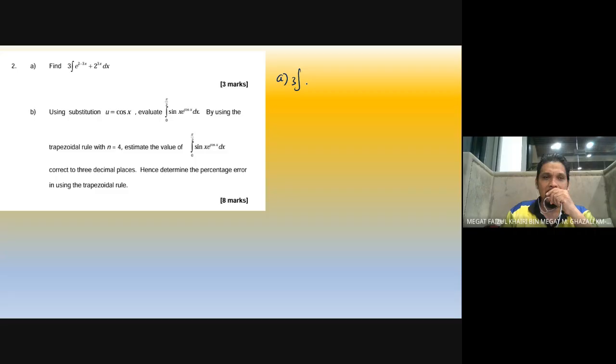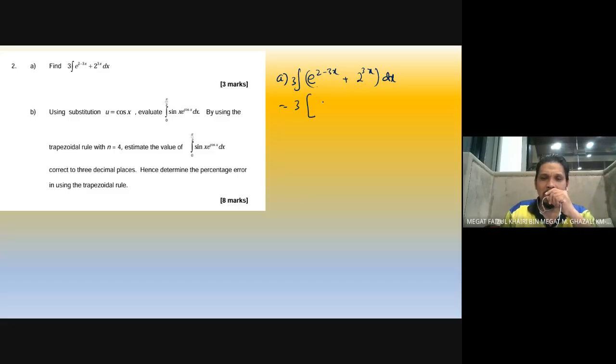The integral of e power of 2 minus 3x plus 2 power of 3x dx. So integrate this one by one.